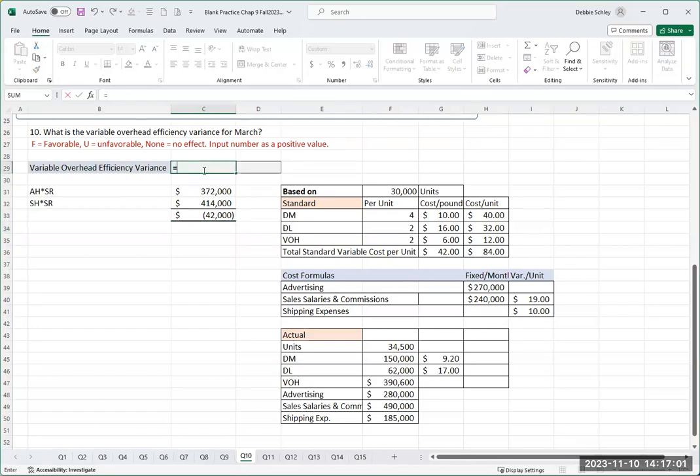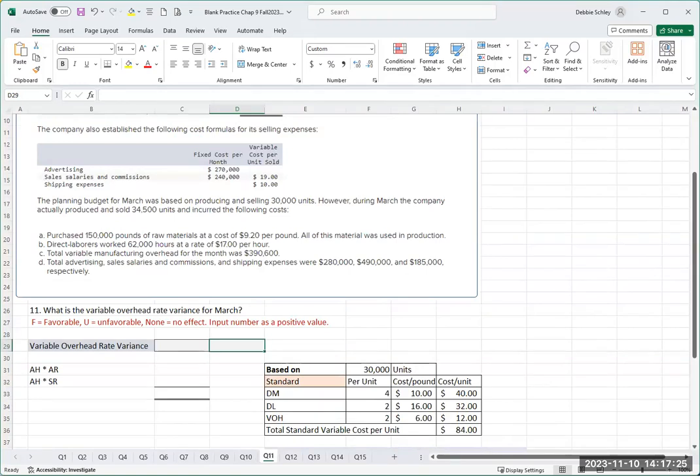And so that's 42,000. And my actual is less than my standard, right? Actual, standard. And so that is favorable because I spent less on variable overhead than I had planned.